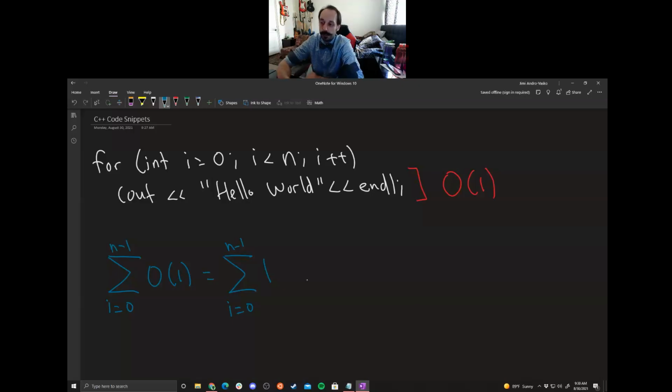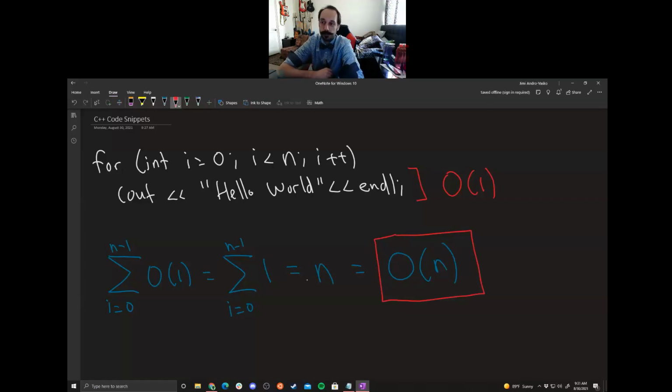So we're going to add 1 from 0 to n minus 1, which involves n additions. We add 1 n number of times. This gives us the result of n, which means this piece of code has a runtime of O of n.